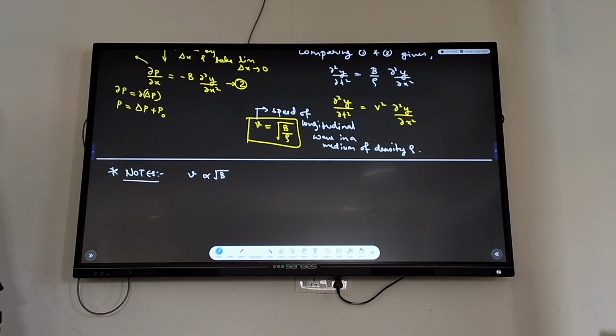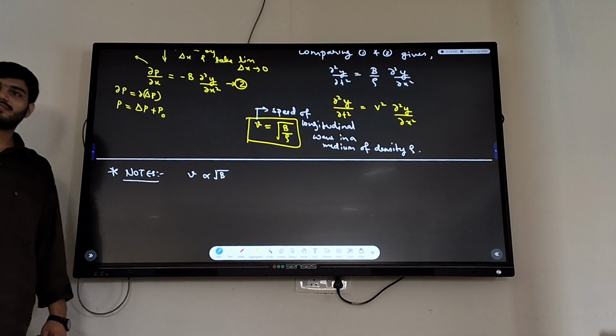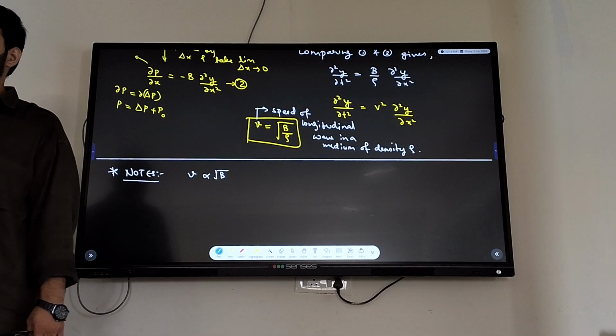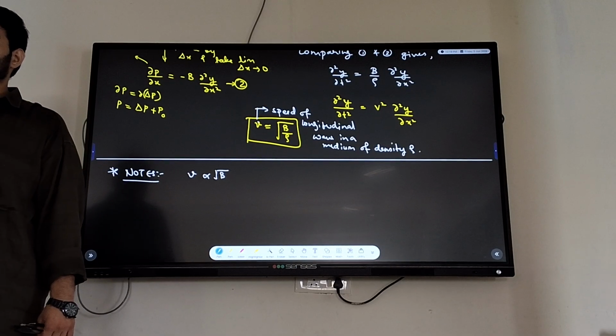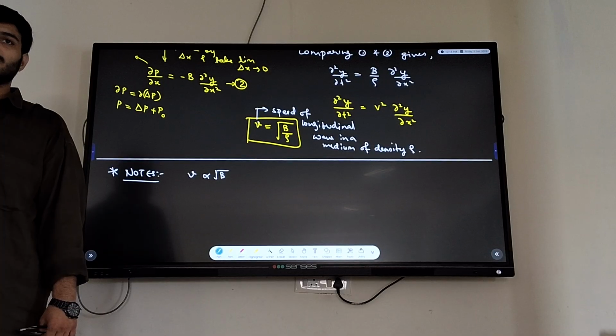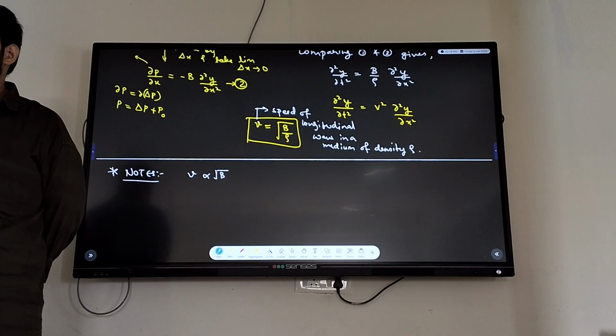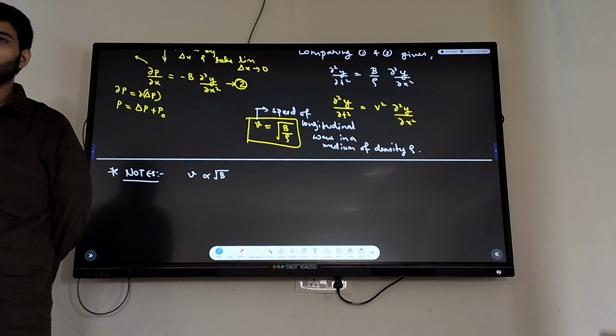Let me ask you this then, what does the bulk modulus depend on in terms of thermodynamics? And keep in mind some thermodynamics. What does it depend on?